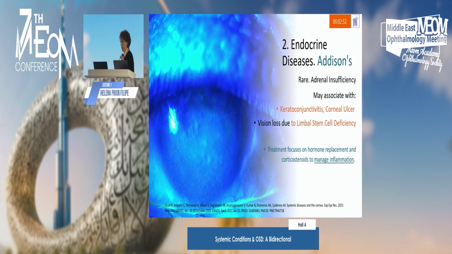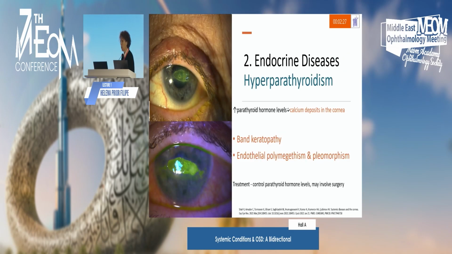And the other one is Addison's disease, which is not as common as diabetes or even Graves' disease, but it can also develop keratoconjunctivitis. And very importantly, there are some reports of limbal stem cell deficiencies leading to vision loss. So there's a component of inflammation that has to be tackled, and it also comes on our side in terms of the ophthalmology alterations.